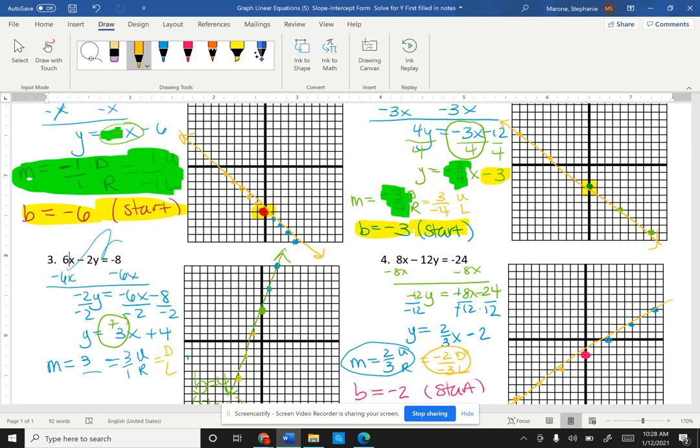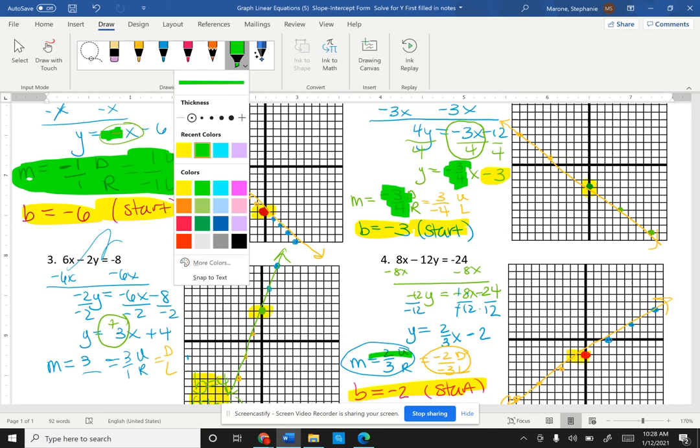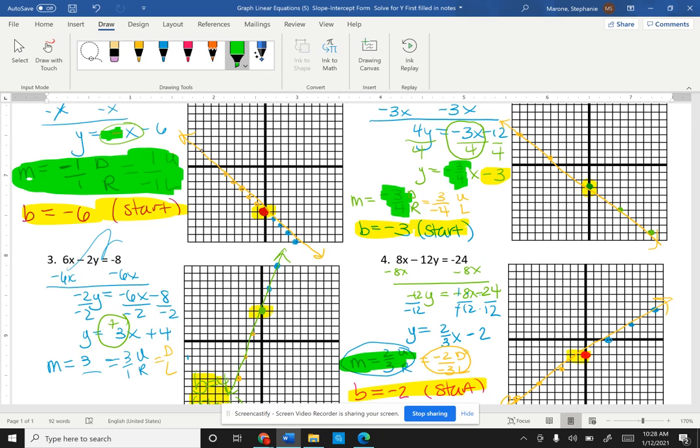And that's my line. It's a positive slope, so it's going up from the left to the right. So remember, the y-intercept is where I start, and the slope is how I move from there, which is the coefficient of x. The slope is always the coefficient of x, and the y-intercept is always the number by itself.